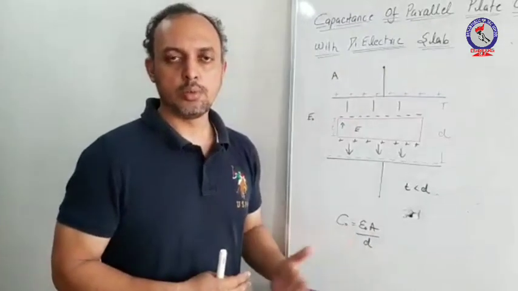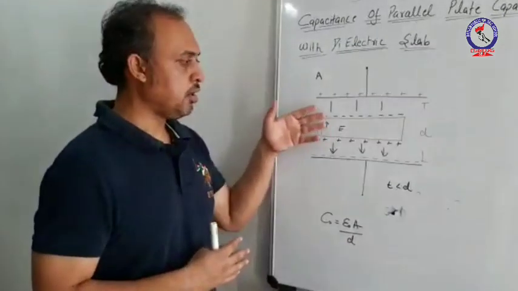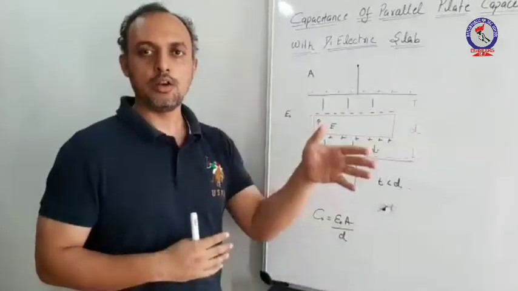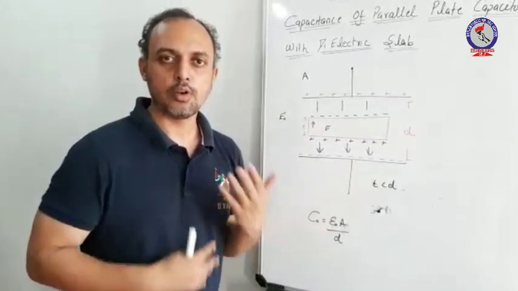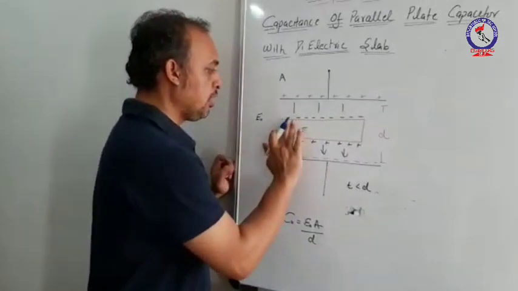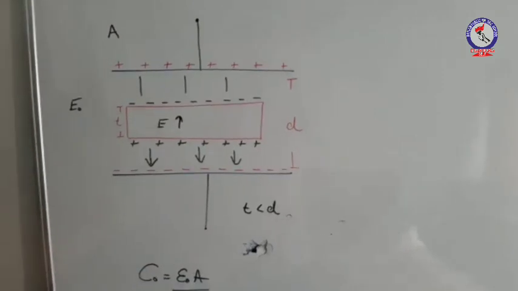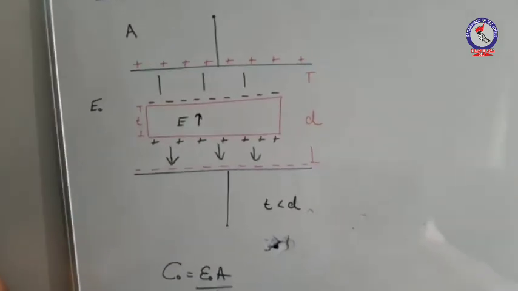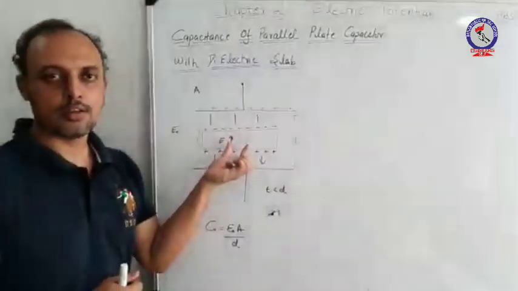Now, you should remember the concept that in this section we are introducing a dielectric slab. While introducing a dielectric slab, the molecules of this slab get polarized in the direction of the field, inducing a field inside this slab in a direction opposite to that of the applied field. Hence, a certain field exists inside the dielectric slab.